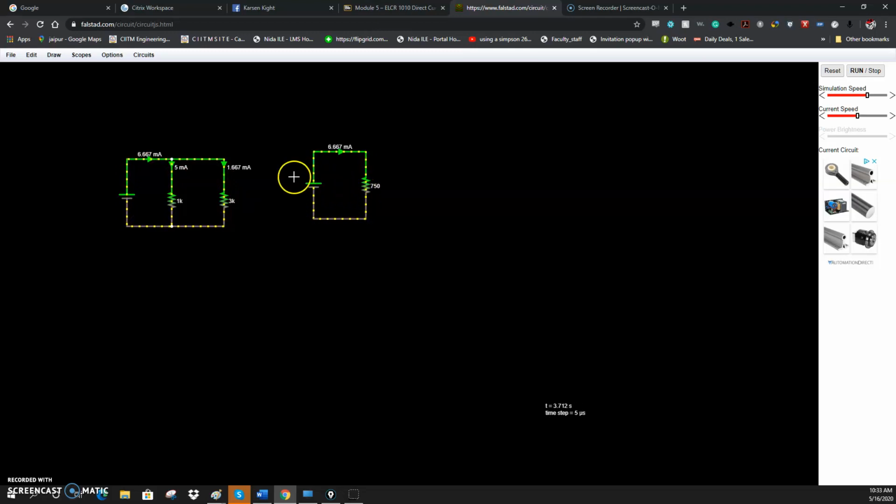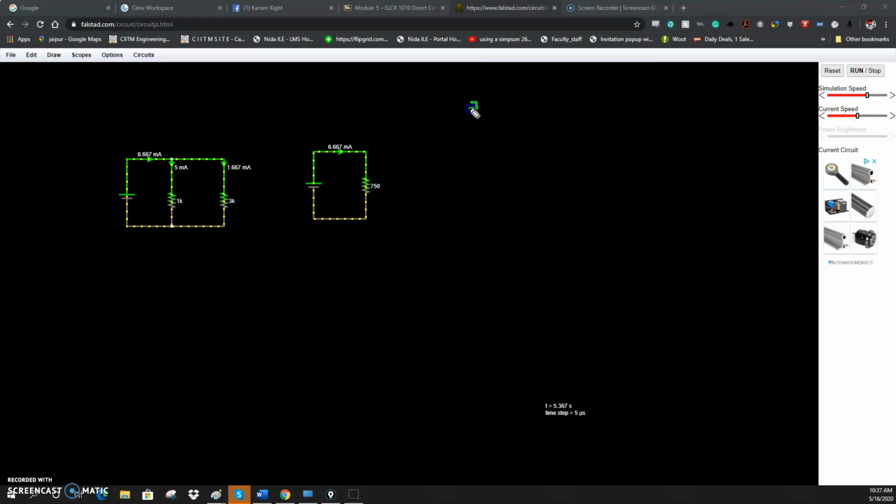Now I've solved this circuit, and the parallel equivalent of a 3K with a 1K, the way I solved this circuit is the same way we solve parallel branches, and you can either use the reciprocal formula or use the product over sum. I use product over sum in my head.